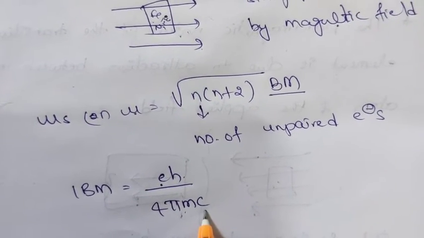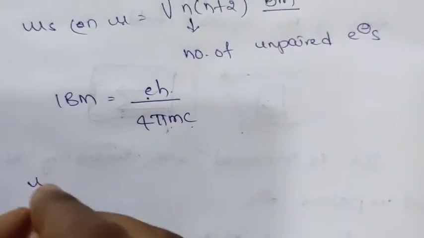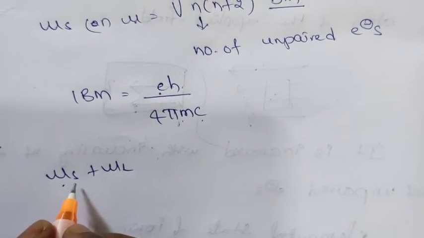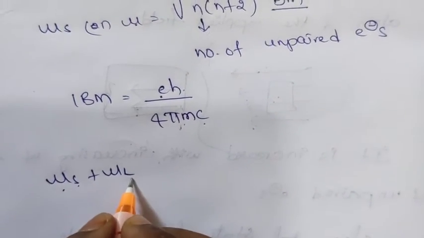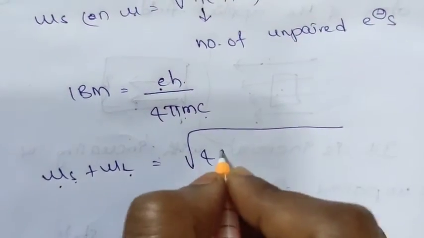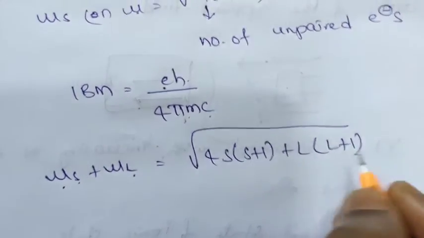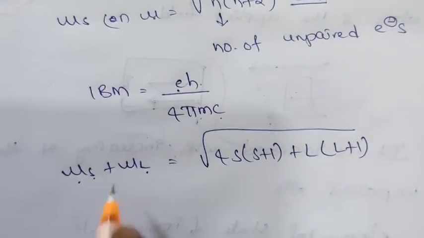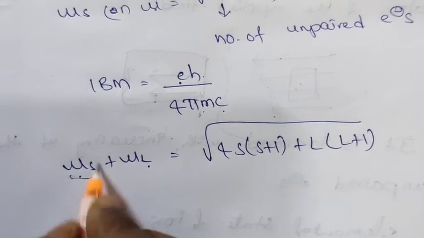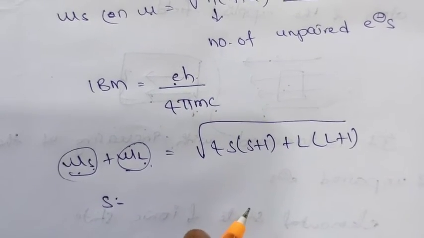And we also have another magnetic moment, mu s plus l. Here s is the spin quantum number, l is the orbital quantum number. This equals the square root of 4s(s+1) plus l(l+1). Here s is the sum of spin quantum numbers, and l is the sum of orbital quantum numbers.